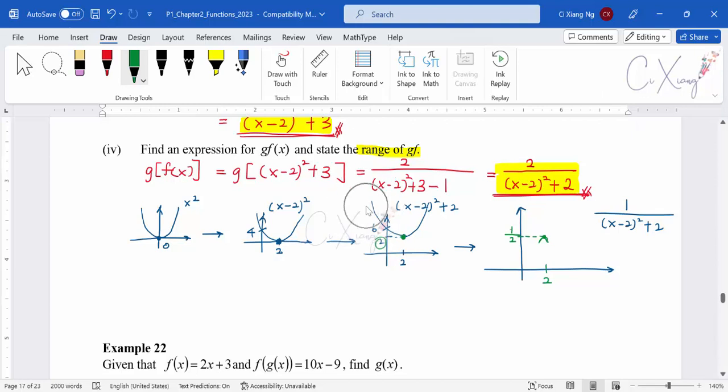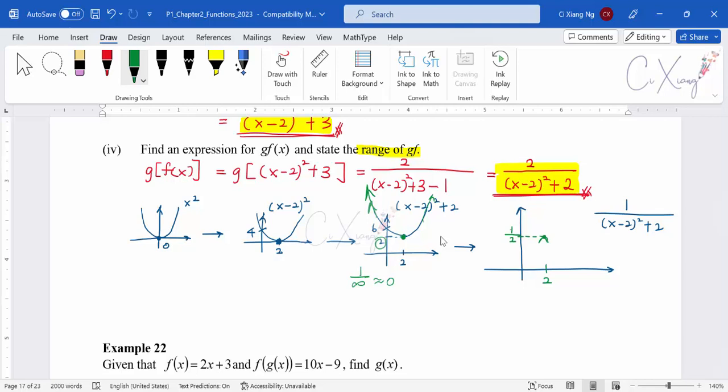Now at the ends of these two graphs, the graph keeps going up until positive infinity. On the right hand side it is the same. Therefore, when I have 1 divided by infinity, it becomes a very, very small value, very close to 0.